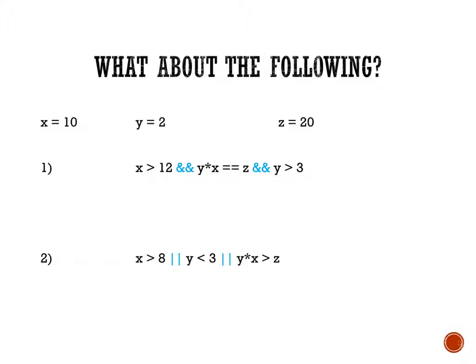So the next thing that students will start to ask is, well, can I use multiple ands and multiple ors? And if you look here, number 1 contains all ands. So if you have a string that's linked with a bunch of ands, all of those same rules apply. If you have all ands, then all the statements must be true to run the code.